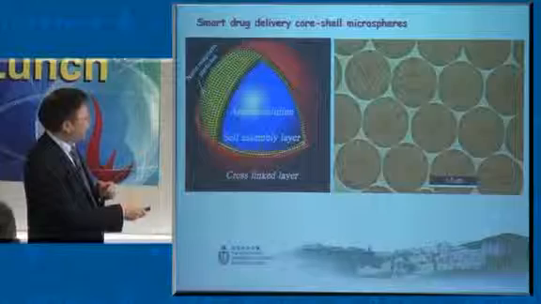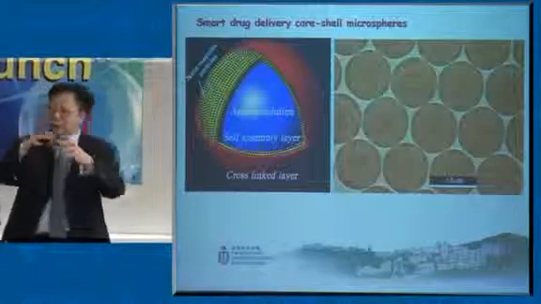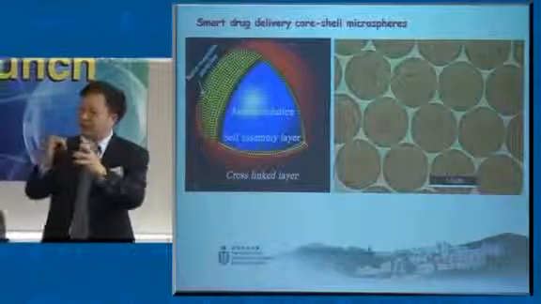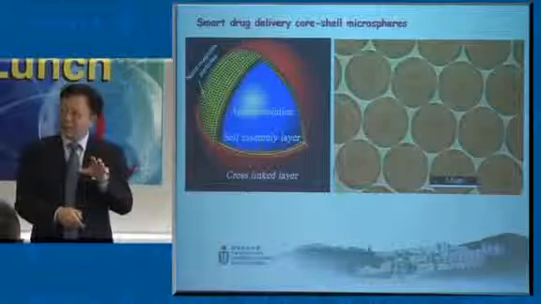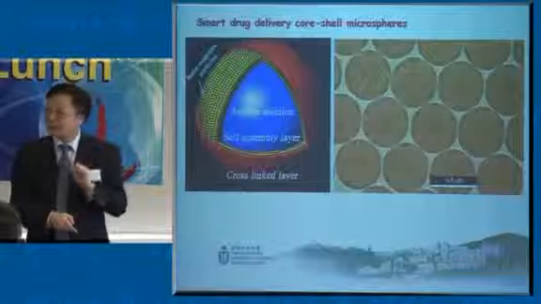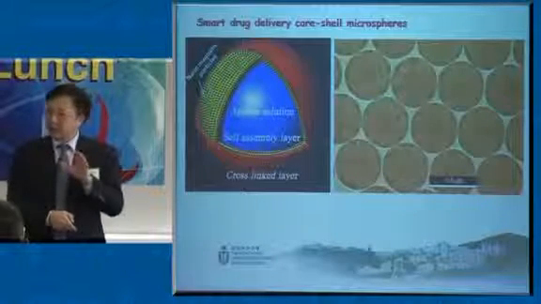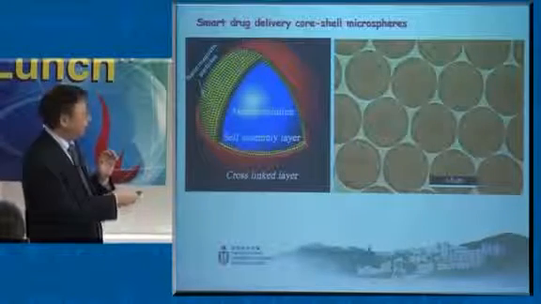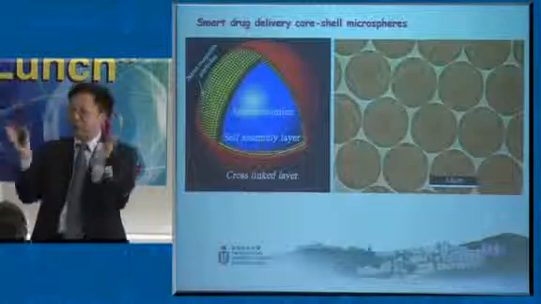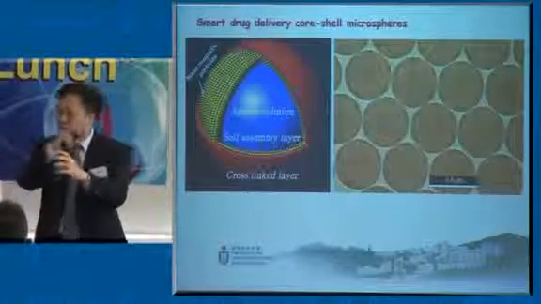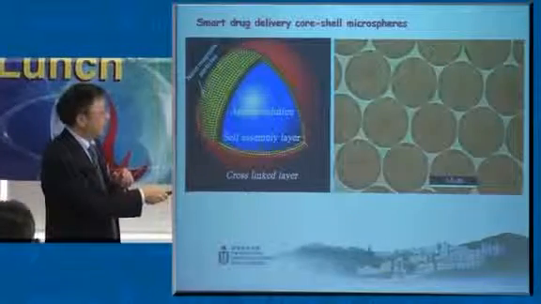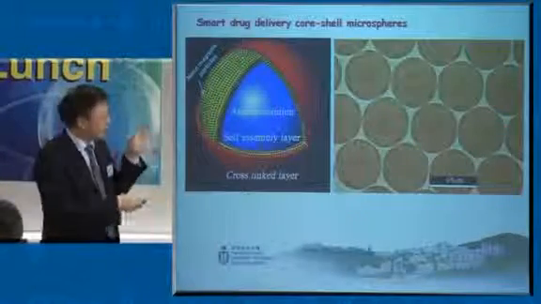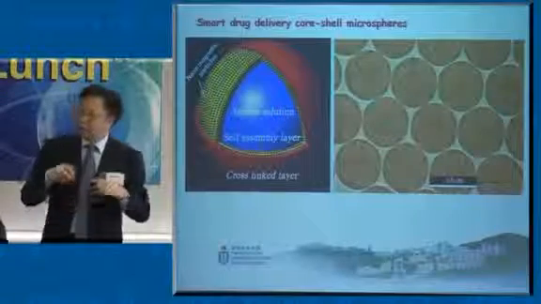The shell is a cross-linked solid, and in it we mix nanomagnetic particles, making a magnetic shell. Inside is the drug, and there are some pores in the shell. The size is very uniform, so this process is very useful for drug release.